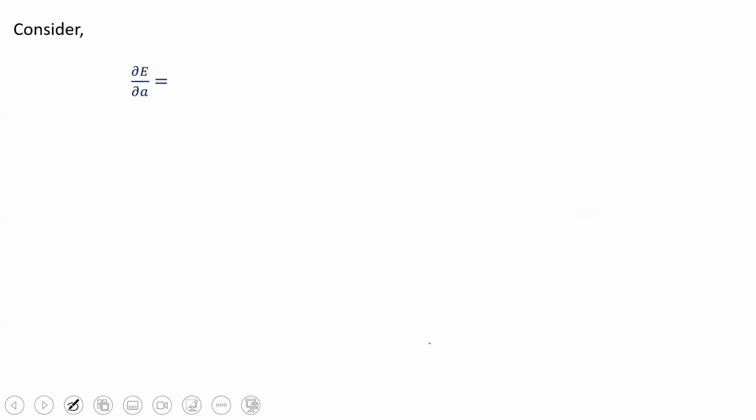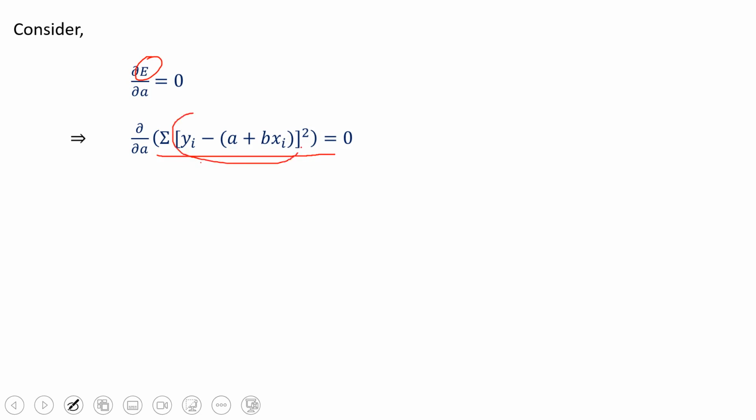So let us consider del E, which means we have to differentiate E partially with respect to a. What is the value of E? E is equal to the sum of (yi minus (a plus bxi)) whole square. If we differentiate partially, let me just write it down. Let us consider this total term as x.